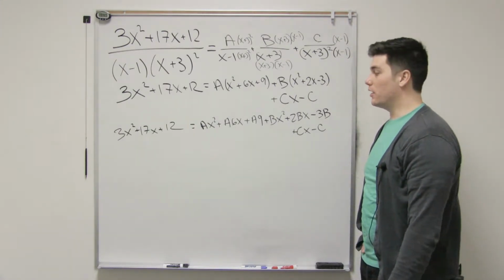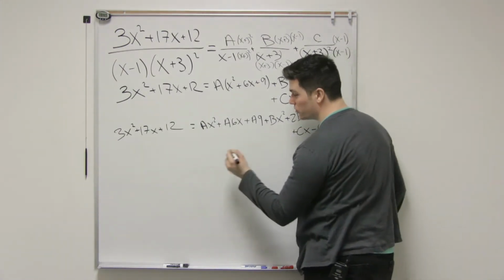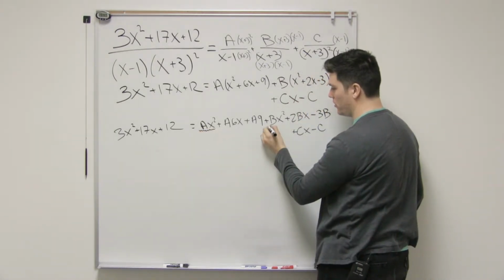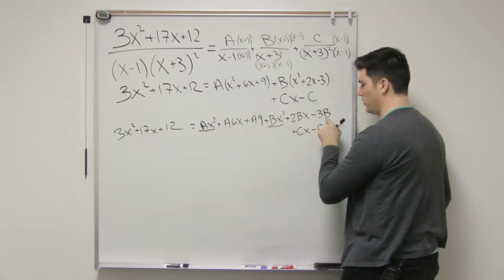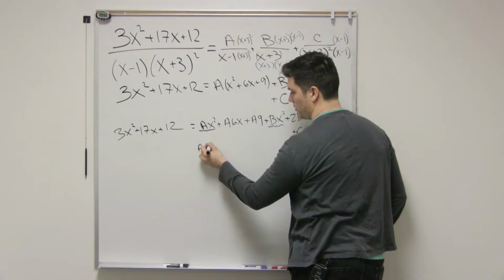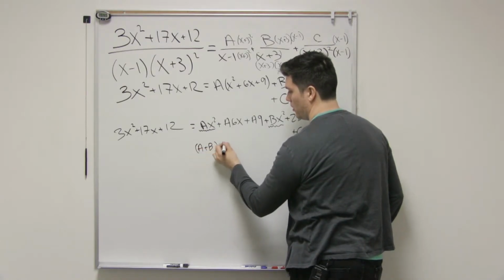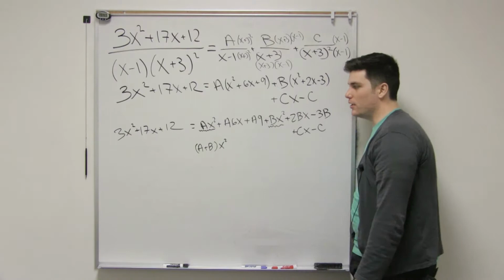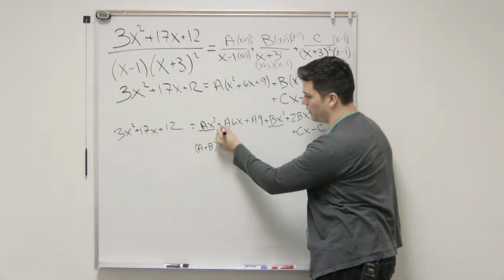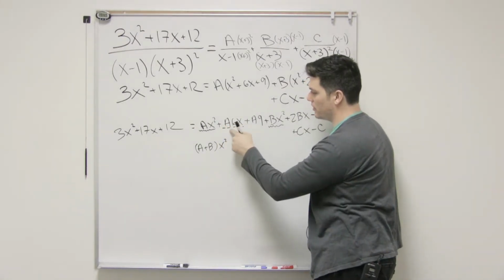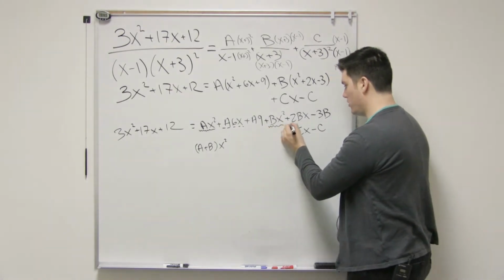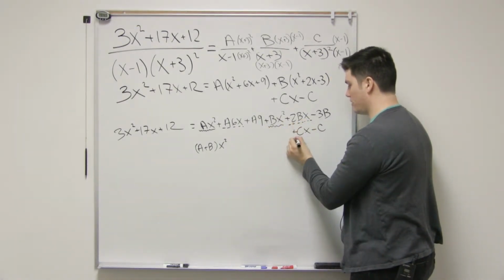Now we want to combine all the like terms. So we're going to do this very strategically. We're going to put a squiggly line under every x squared. So we have an ax squared, we have a bx squared, and that's it. So we can say it is a plus b x squared. Now we want to find all of the normal x's, so we're going to do a dash line under anything that's a normal x. So that's a 6 or 6ax. There's no x there. There's an x there, and there's an x there.